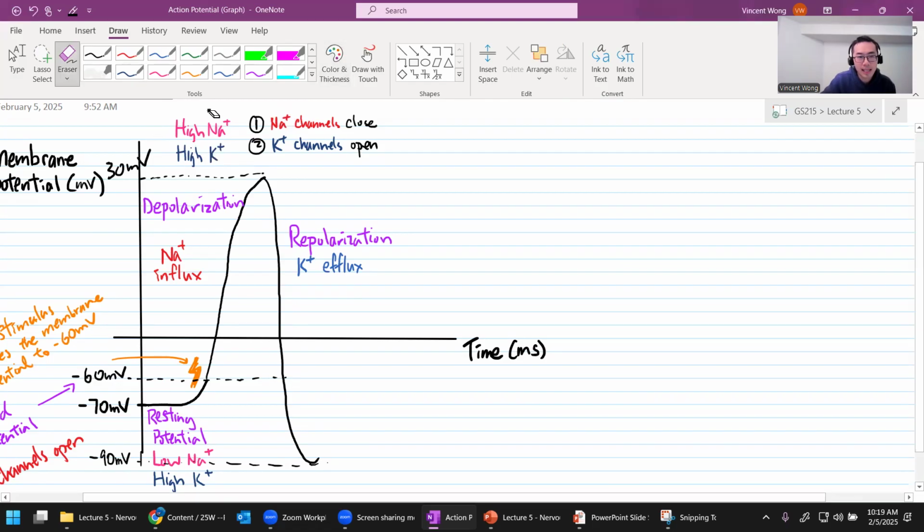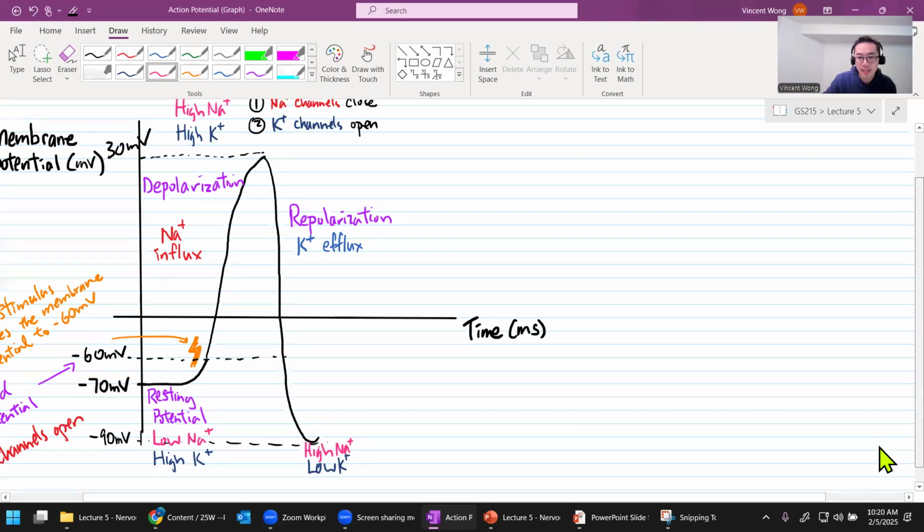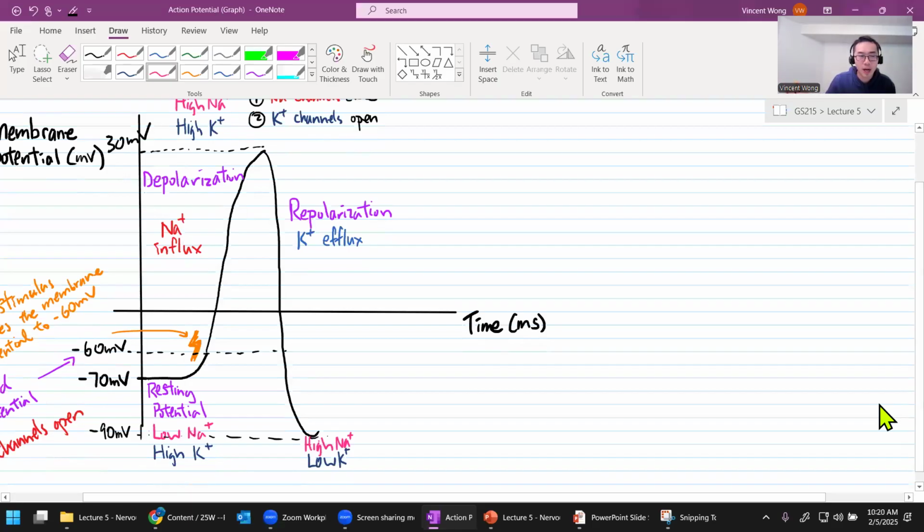Okay, so that's why the inside is super positive right now. And you will close the sodium channel, you will open the potassium channels, then you have mass efflux of the potassium. So when it's all said and done, you will have low potassium, but you will still have high sodium because, once they came in, they have nowhere to go, right? They are trapped. The doors are closed for the sodium.